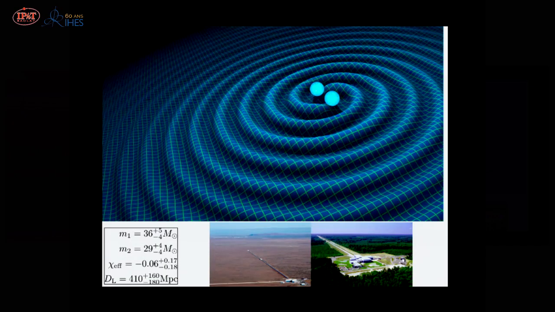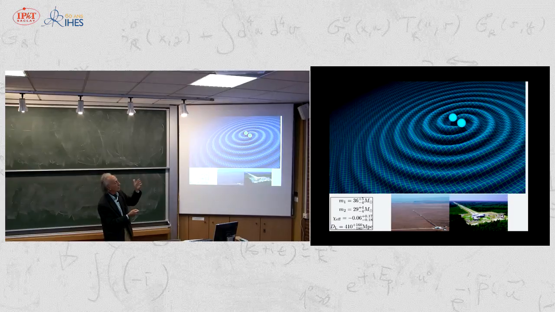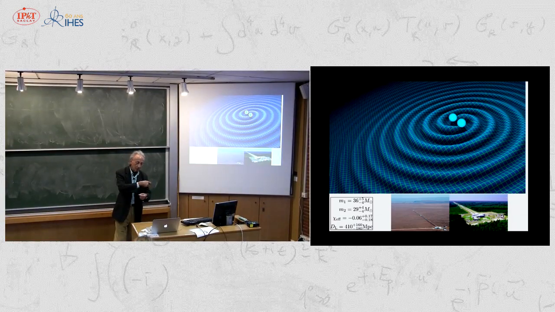The first event was interpreted in terms of the last orbits and coalescence of two black holes a billion light years away. And from the data, one could extract the value of the masses and the spin.